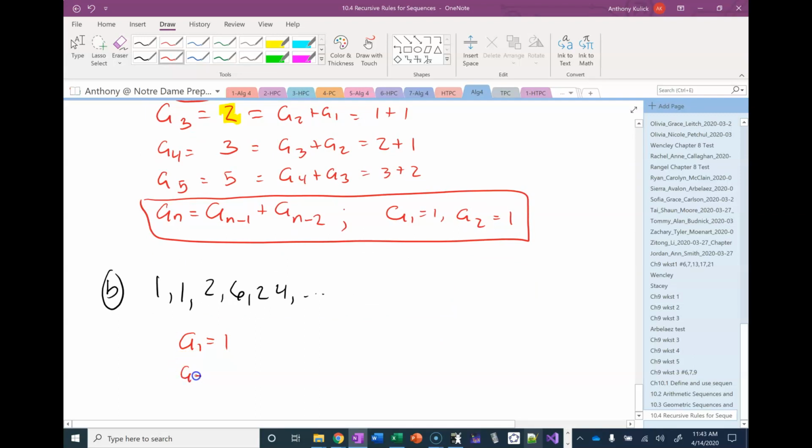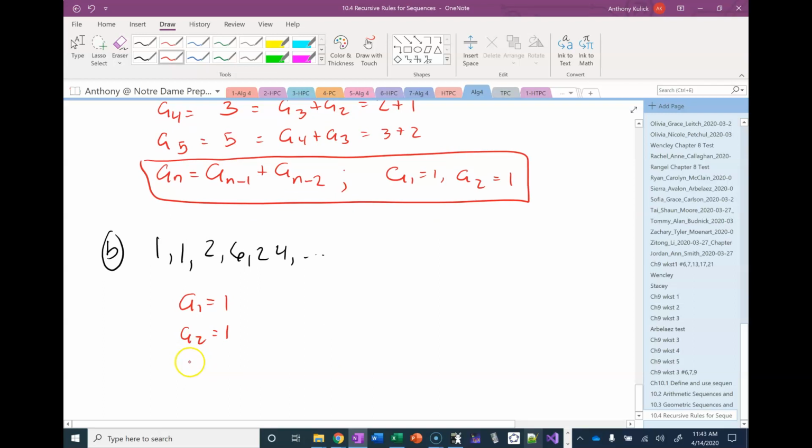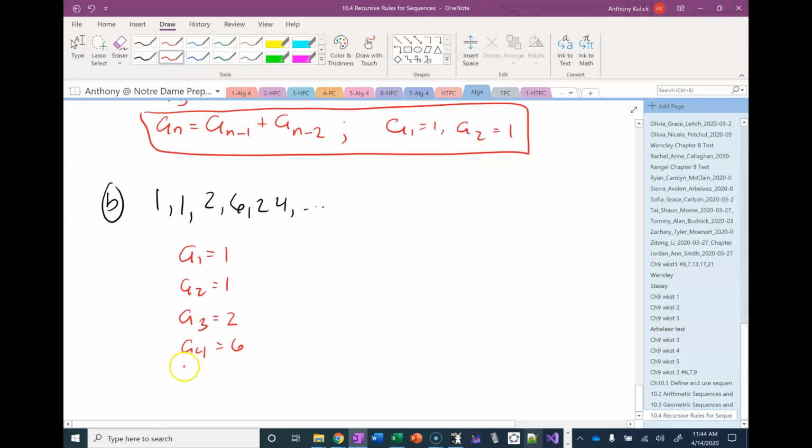The first term is 1, the second term is 2, the third term is 2, the fourth term is 6, the fifth term is 24.